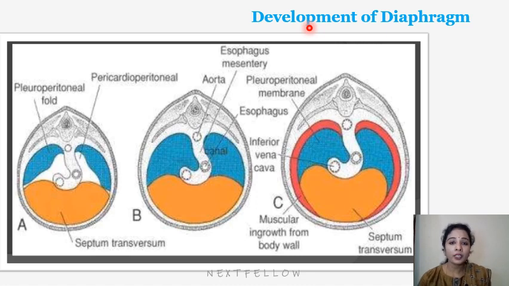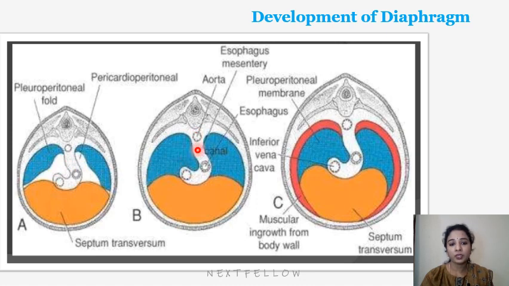Then the pleuro-peritoneal membranes develop and close the pleuro-peritoneal canals, and they fuse with the dorsal mesentery of the esophagus and the septum transversum. The dorsal mesentery of the esophagus forms a little part of the diaphragm, and this mesentery fuses with the septum transversum and pleuro-peritoneal folds.